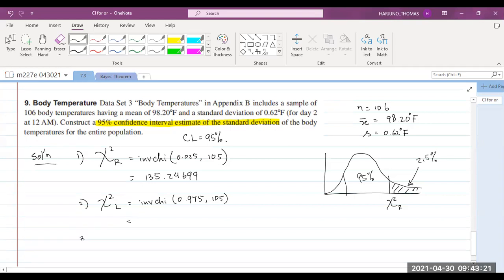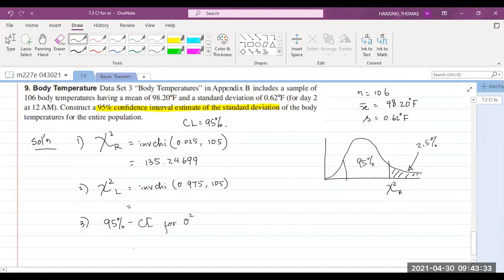While waiting for my calculator, I will start writing step 3, the 95% confidence interval for sigma squared. That will be degrees of freedom 105 times the sample variance 0.62 squared over 135.24699 less than sigma squared less than 105 times 0.62 squared over, oh, I get the result already from step 2.